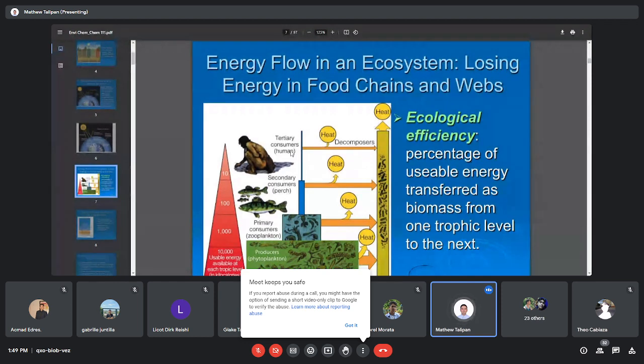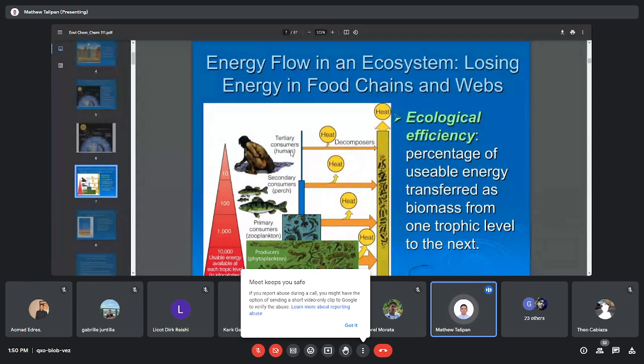So I mean to say that if we match this with the type of food that we eat, then we can say that the energy we get from vegetables, for example, in a vegan diet, is more than from the consumption of secondary consumers, let's say in the form of different kinds of meat, like beef, pork, and chicken.